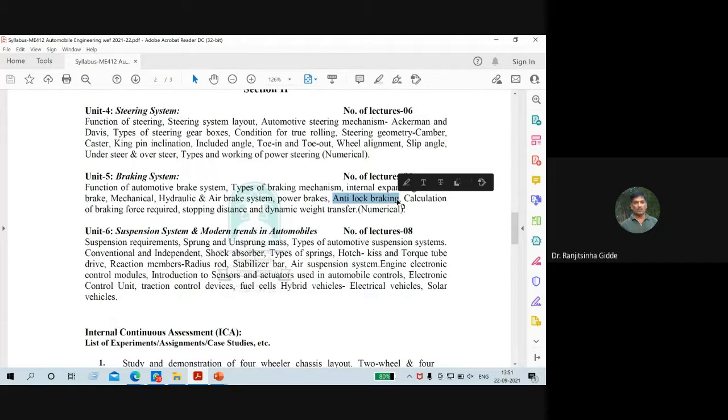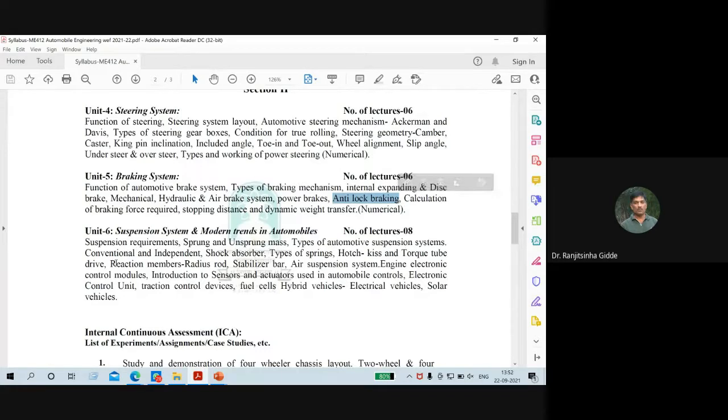Then we will see examples with respect to stopping distance, and some examples related to dynamic weight transfer. Once we apply the brake, the load on the rear wheels is transferred to the front wheels, and we are going to see such numericals in this last part of the braking system.